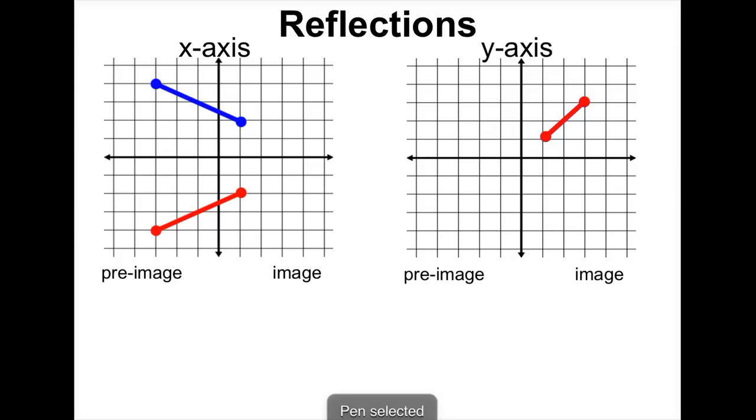So the mirror reflection is happening right here over the x-axis. If this point is 2 above the x-axis, the reflection will create a point 2 below the x-axis. So if it was 2 above, it's now 2 below. This point over here was 4 above. Now it's going to be 4 below.